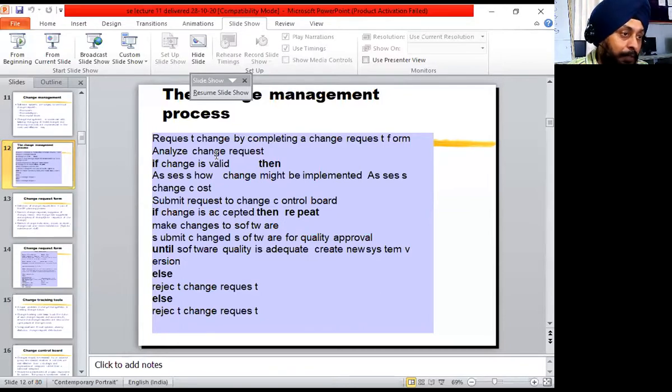They have to analyze whether that change is valid or not, assess how the change might be implemented, what cost will be there, and whether it will bring some benefit or not. All the assessing and analysis has to be done.